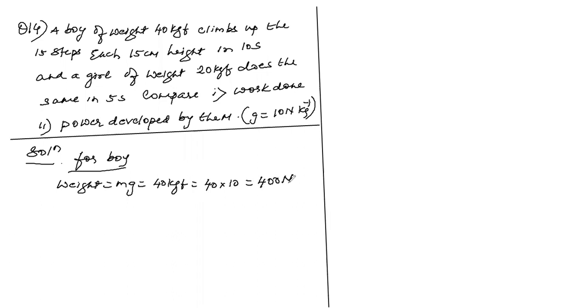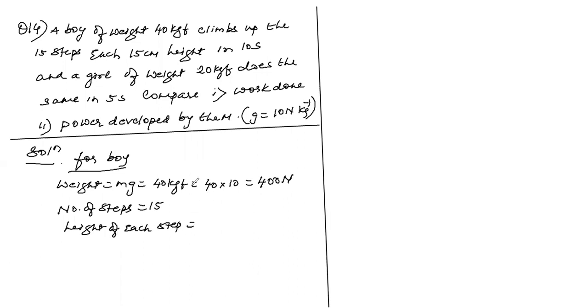So the weight of the boy, mg, is 400 Newton. And he climbs 15 steps. Number of steps, how much? 15. Number of steps equals 15. And height of each step, how much?